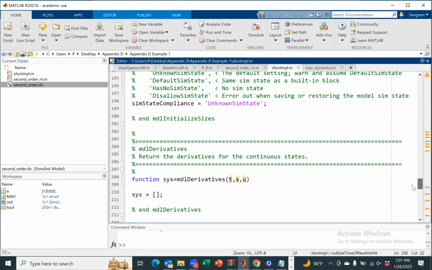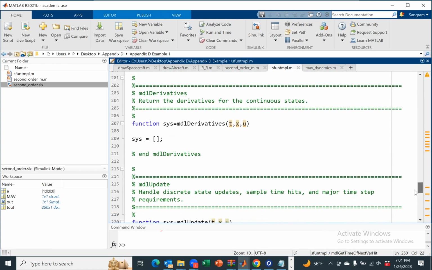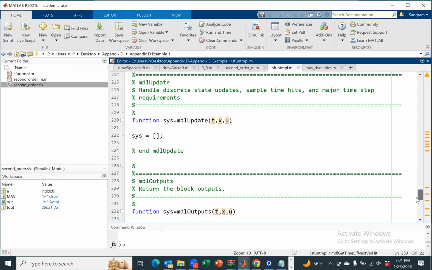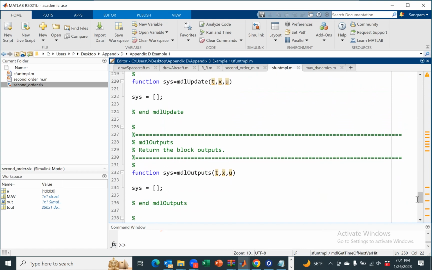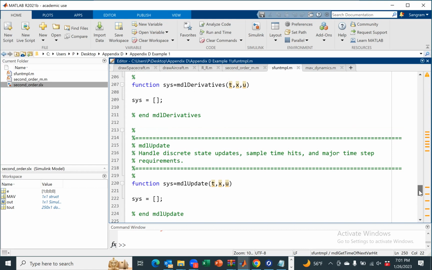So these lines you have to modify. What is the output of the function? What is the update? And then your equation, this is MDL derivatives.